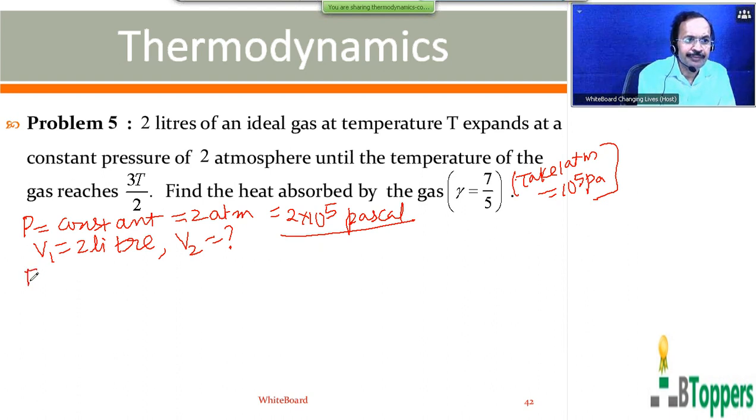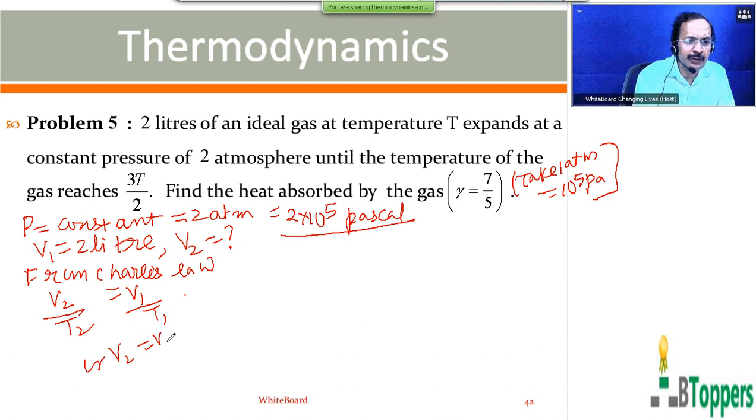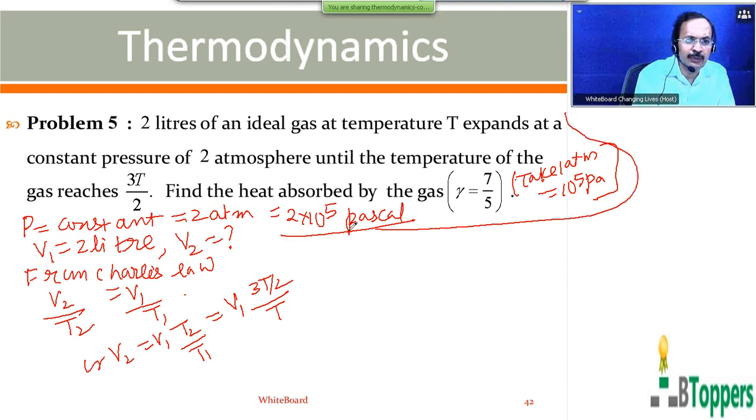At constant pressure, from Charles' law, we can write the ratio of the final volume to the final temperature of the gas equal to the initial volume by the initial temperature of the gas. So the final volume of the gas is equal to the initial volume times the final temperature by the initial temperature. The initial temperature is denoted by capital T, and the final temperature is 3T by 2. Therefore, you can say the final volume of the gas is 3 by 2 times the initial volume.